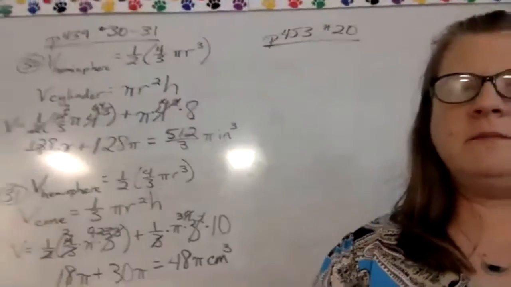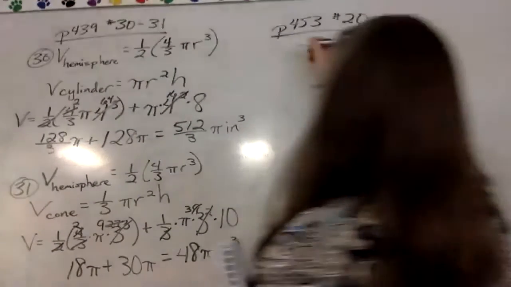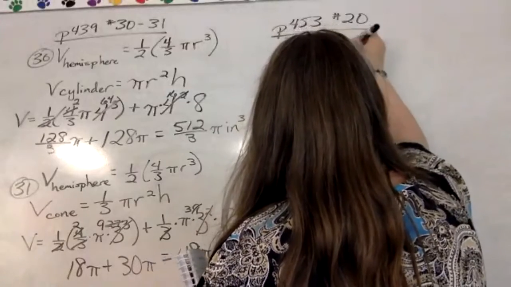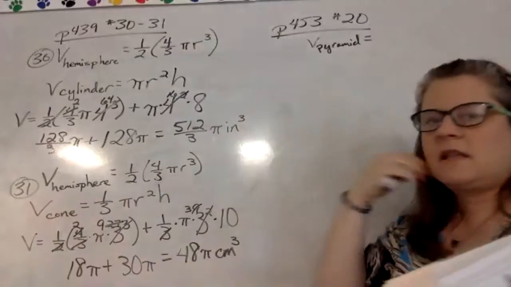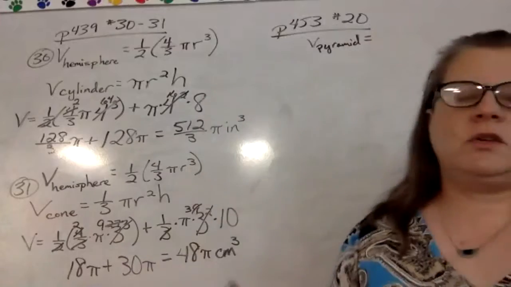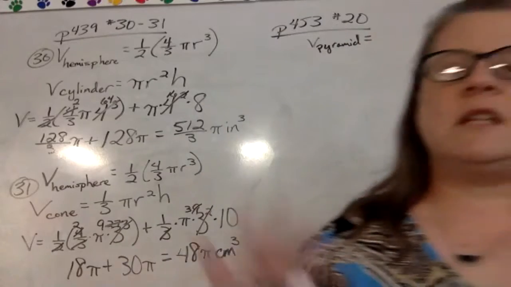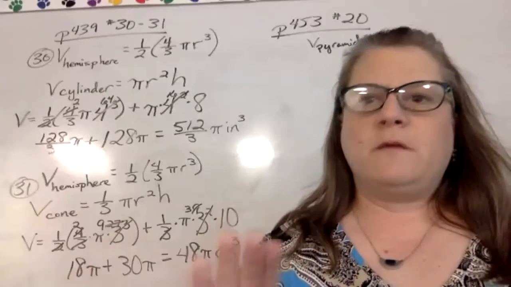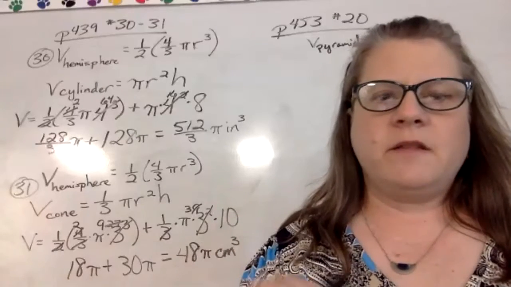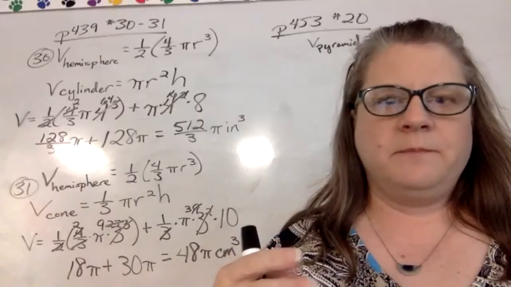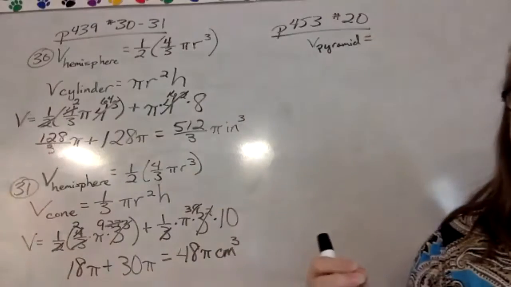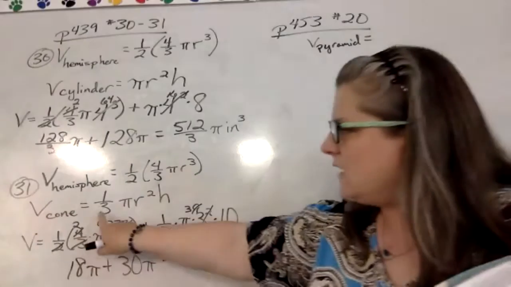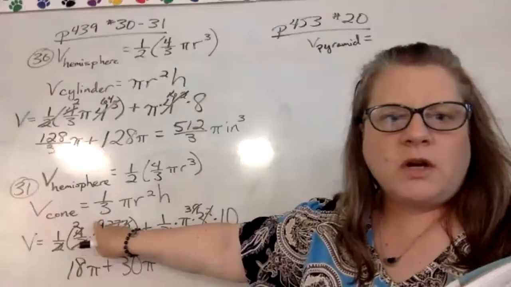We have a pyramid. So we're gonna have to find the volume of the pyramid. Now again, just like I said when we were doing the cylinder, for your cylinders, your prisms, your pyramids and stuff, your main basic thing for your volume is the area of the base times the height. Now, for the cone and for the pyramid, where they narrow up to that single point, it has 1/3 in front of it.